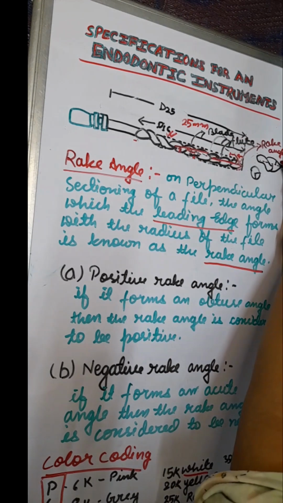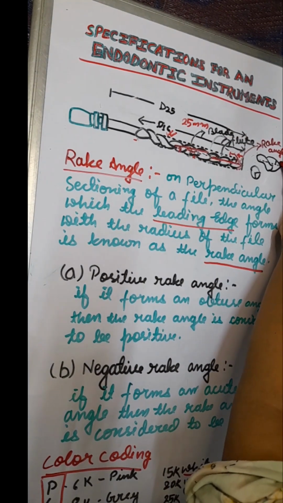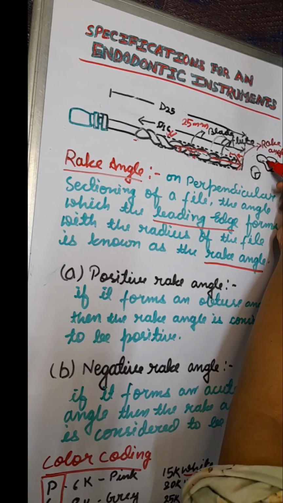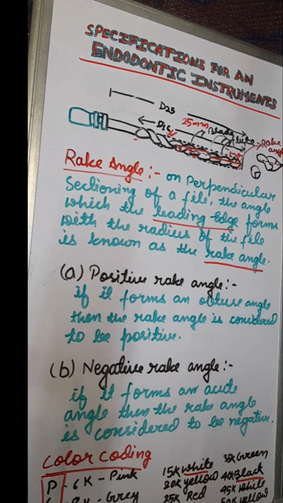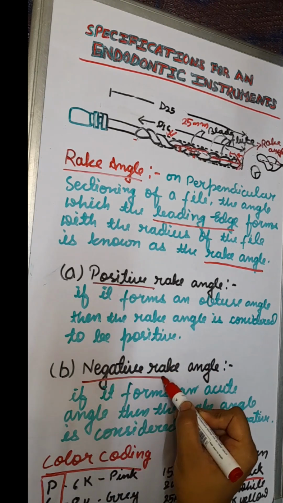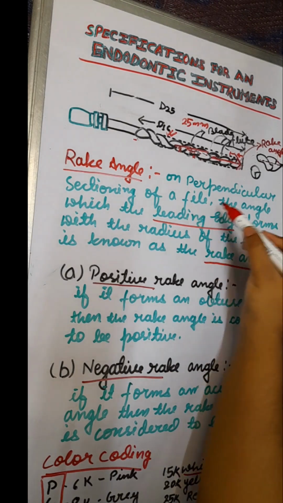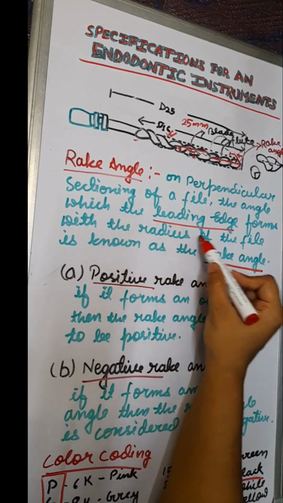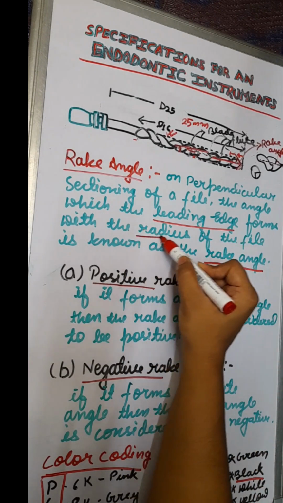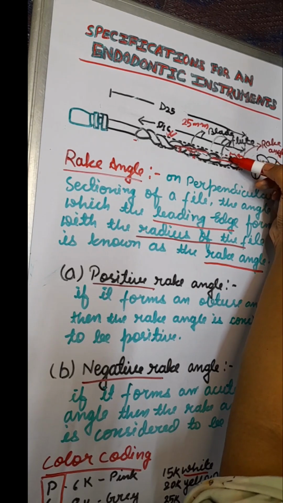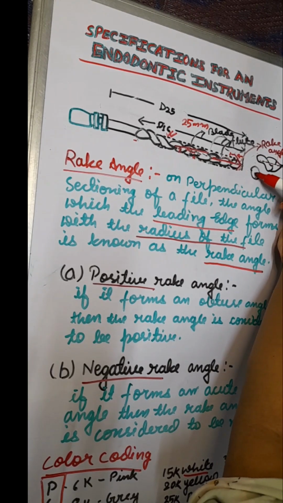Here the rake angle is the angle between the leading edge of the instrument to the long axis of the instrument. The rake angle could be positive or negative. Like on perpendicular sectioning of a file, the angle which the leading edge forms with the radius of the file. So, the radius of the file could be like this.